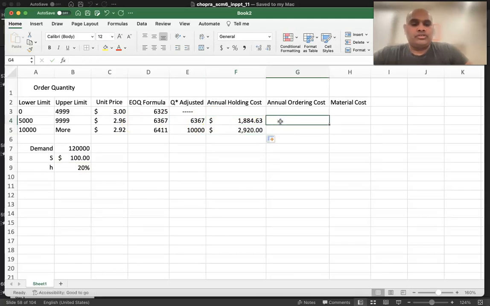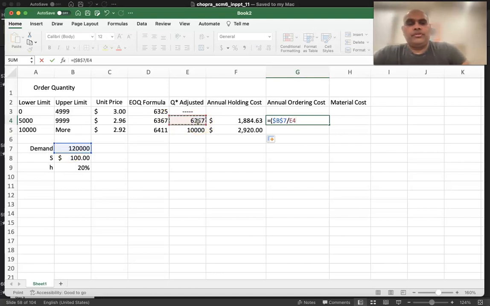Now my annual ordering cost for this case will be D over Q, which gives you the number of orders in a year, times the cost of placing an order, which is again fixed, $100 every time you order.